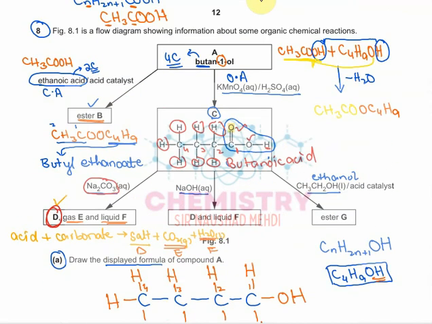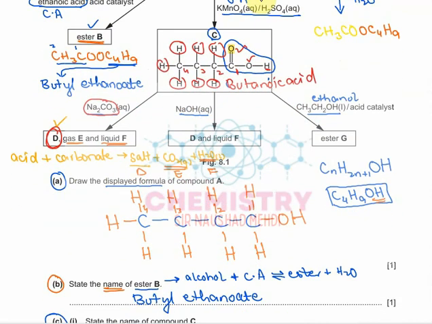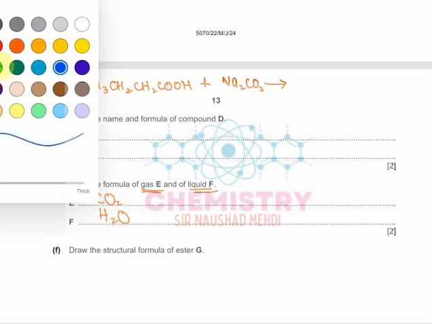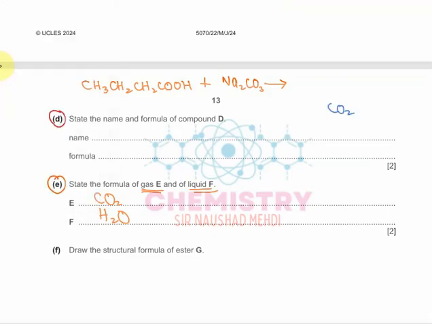Here you can see it again: 4 carbon atoms, with CH3, CH2, CH2 and COOH. They are asking you to react this butanoic acid with sodium carbonate, Na2CO3. What will happen? A salt will be formed along with carbon dioxide and water, which are the byproducts. Now you have to suggest the salt which would be formed.